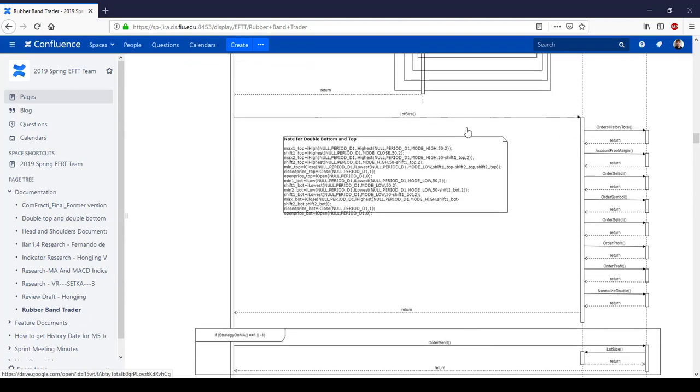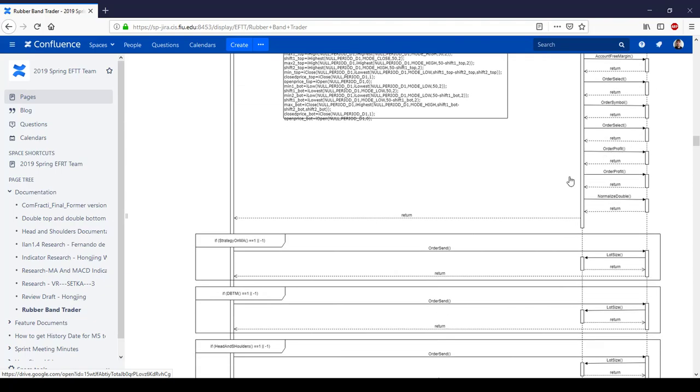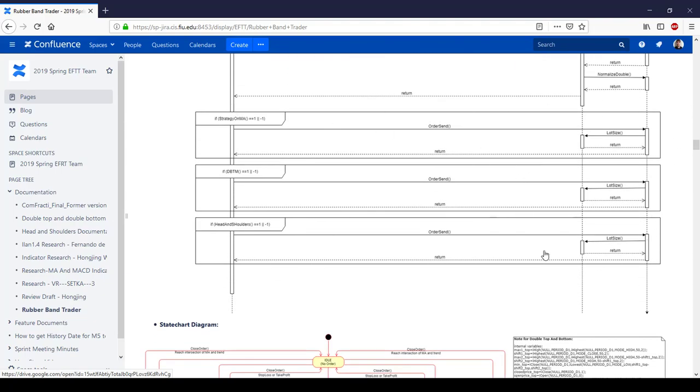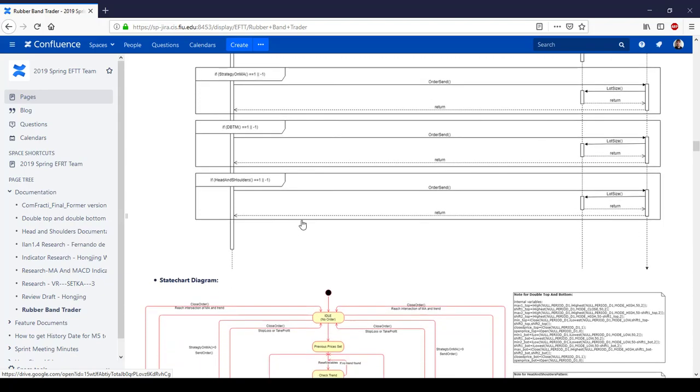And then we have the lot size as part of the actual Rubber Band Trader. And here we have the flags to check which of the strategies are being used, and if they are, to make an order. And then based on the lot size, complete the order and return back.